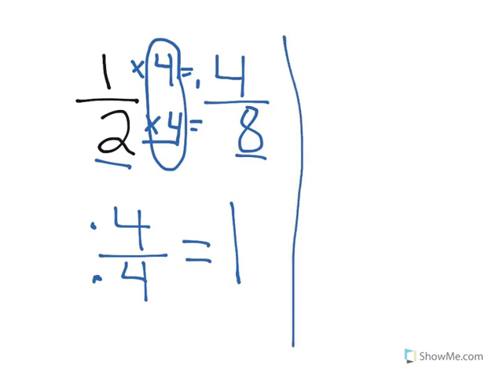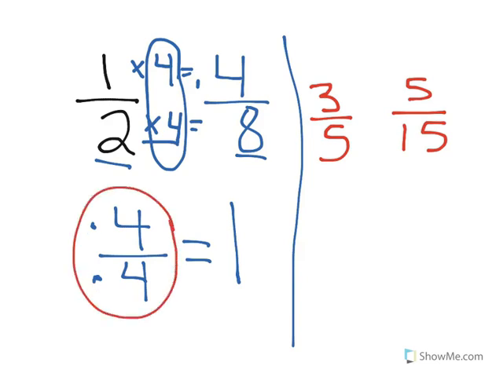If I have the fraction 3/5 and I want to know if it's equivalent to 5/15, my rule is I have to make sure that it's multiplied by not necessarily 4/4, of course, but something that is equivalent to 1 whole.